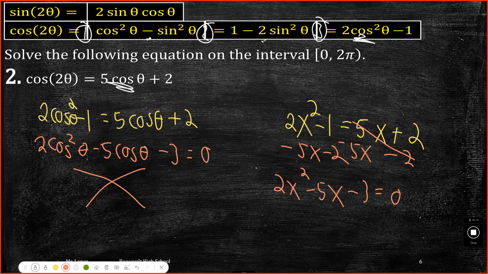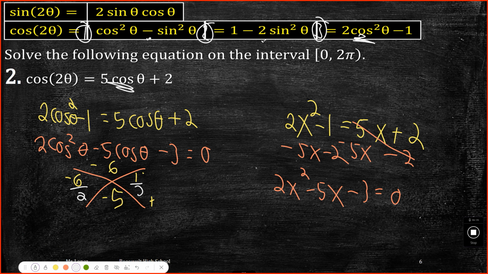If you're going to follow my x method, which is frowned upon at other schools, middle number to the bottom. What was on top? Negative 6. Which numbers multiply to equal that and add up to this? Negative 6 and 1. Then don't forget, if you use my method, divide by 2.